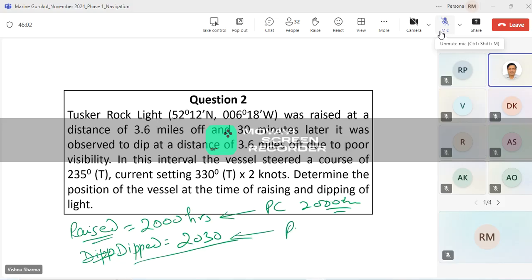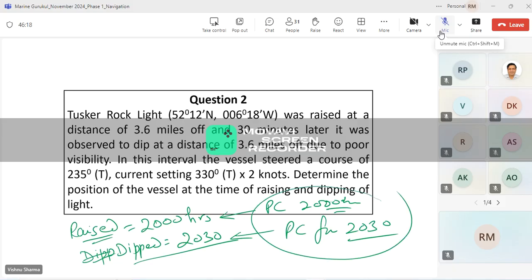And you also get a PC for 2030, by dipping range, right? Now, like the first question, you have two PCs, but unfortunately, they are not for the same time. They are separated by an interval.